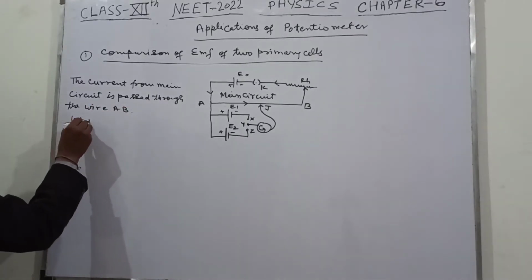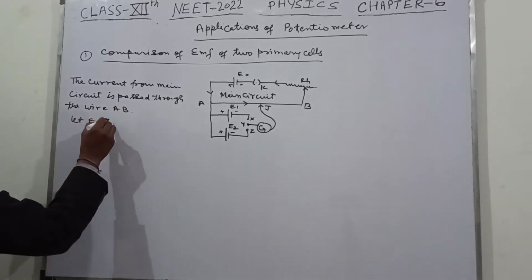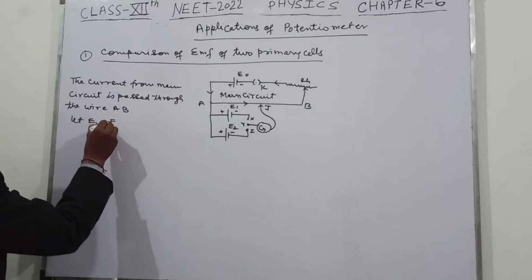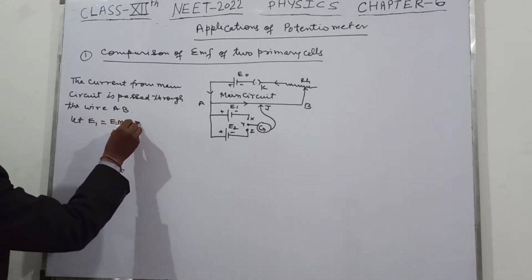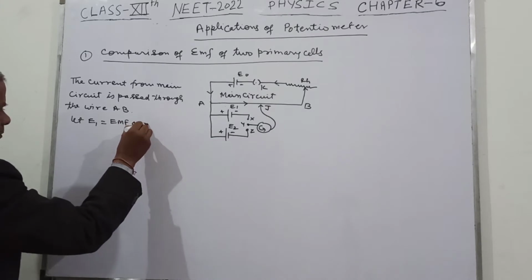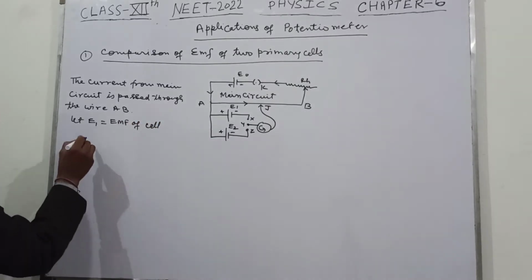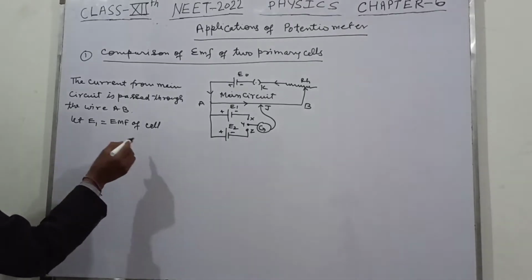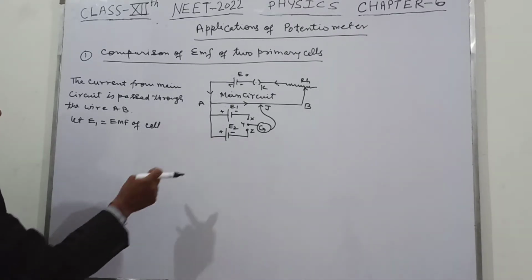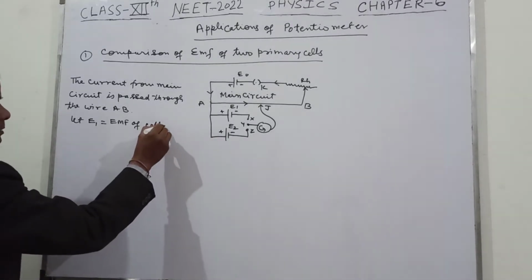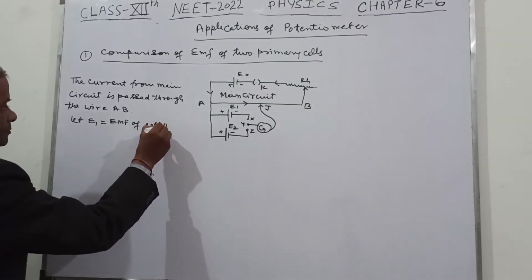Let E1 be the EMF of cell 1 and E2 the EMF of cell 2.